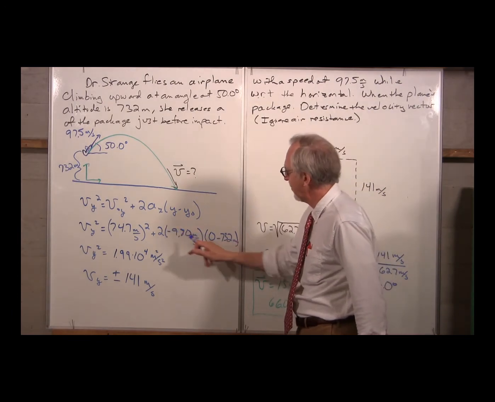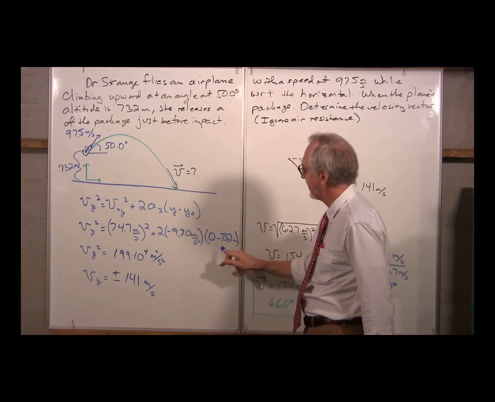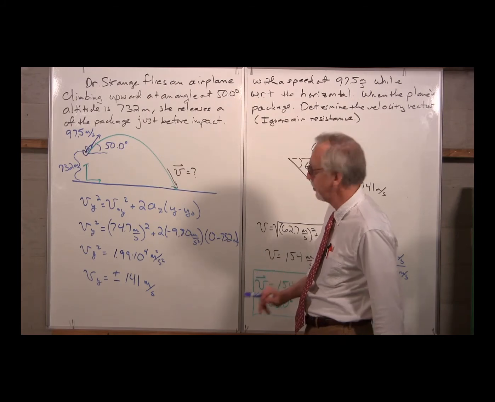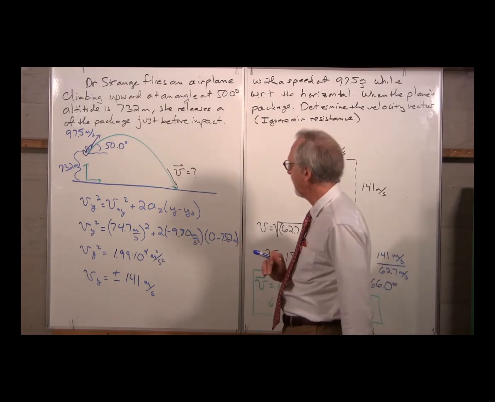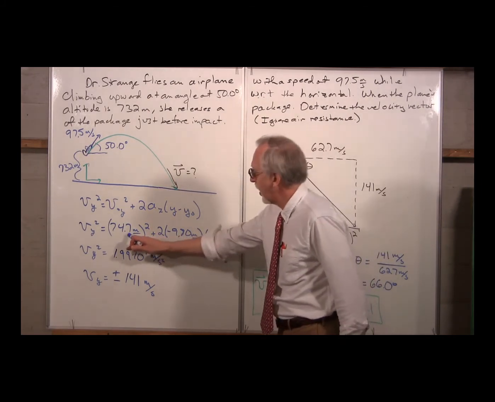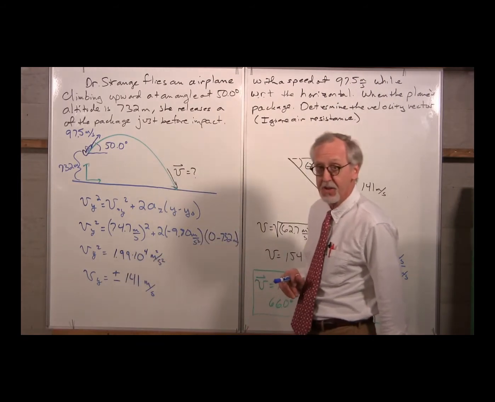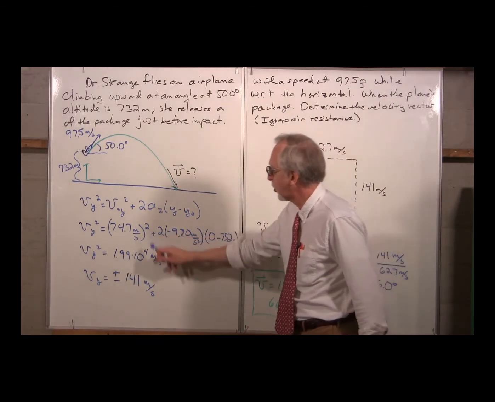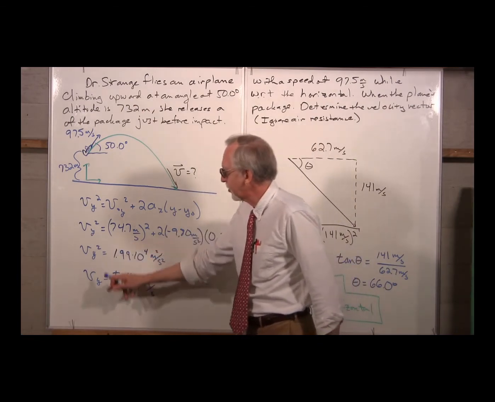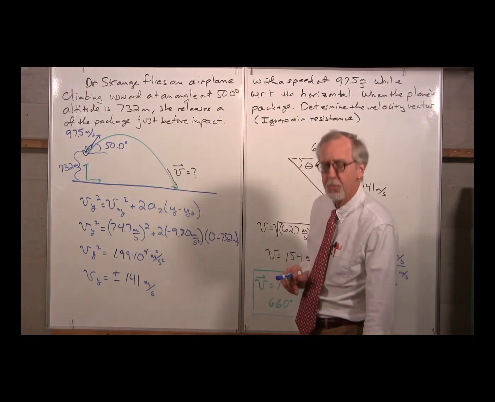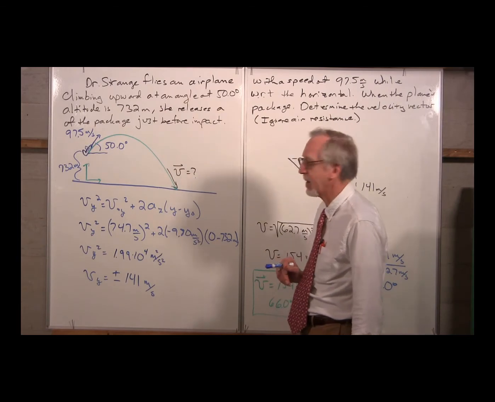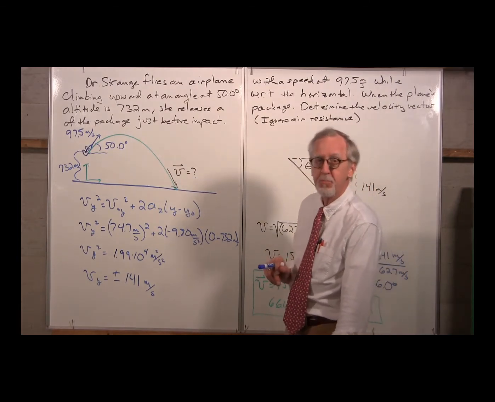We've got a negative times a negative, so 0 minus this is just negative 732, and a negative times a negative makes it positive. Square this, add that, and we end up with 1.99 times 10 to the fourth meters squared per second squared. Taking the square root, we end up with v sub y is plus or minus 141 meters per second.